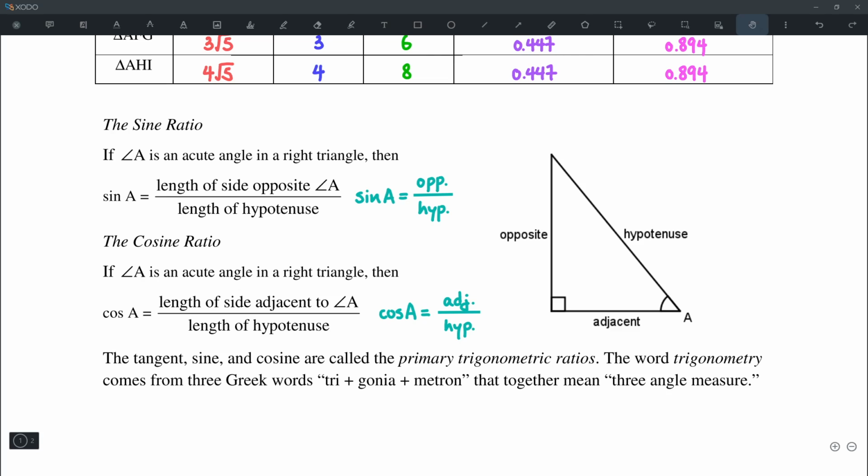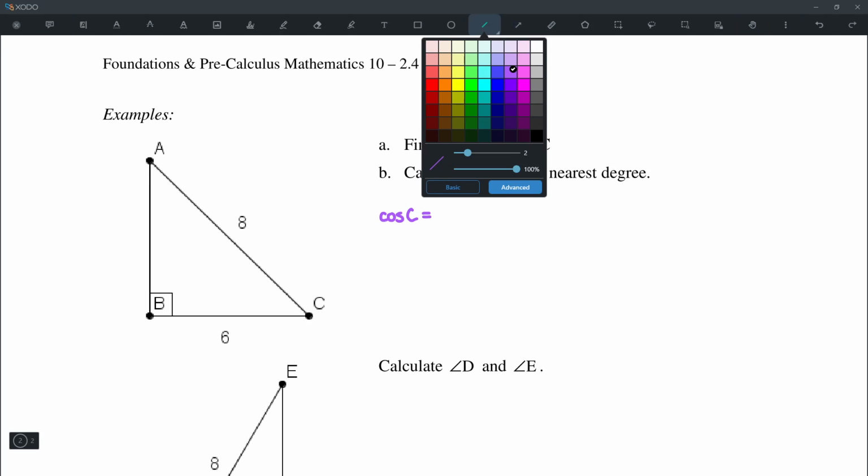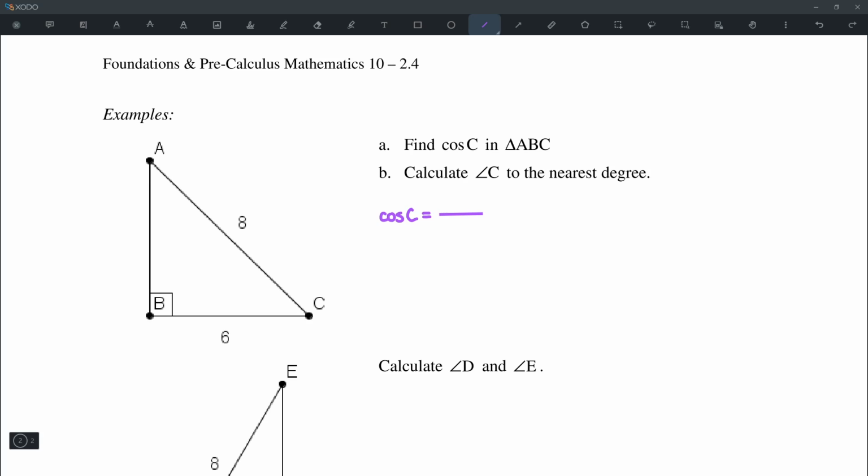Let's look at some examples for the use of the cosine and sine ratios. The first one we have here, we're going to find the cosine of angle C. So cosine C is equal to adjacent over hypotenuse, which would just be 6 over 8.